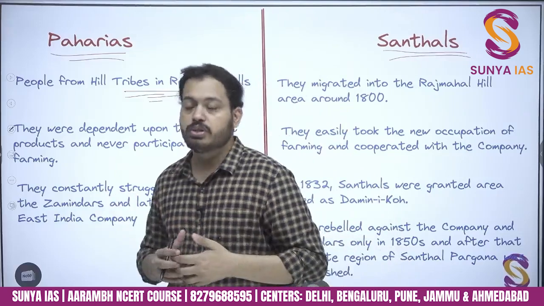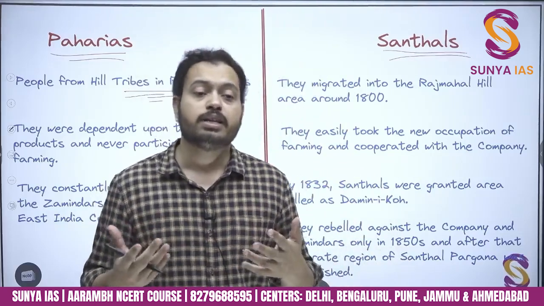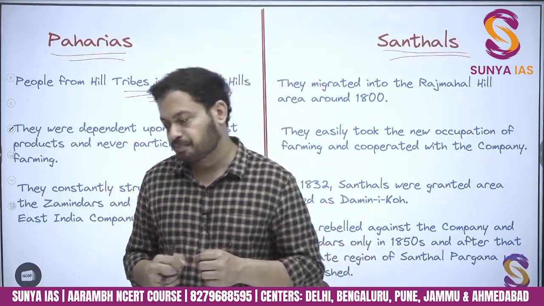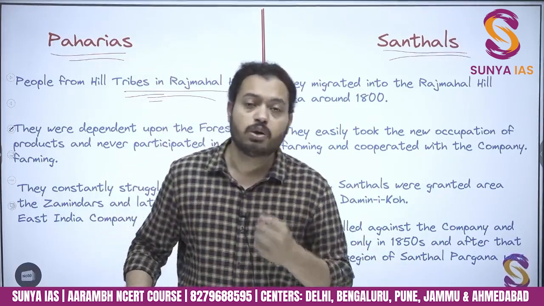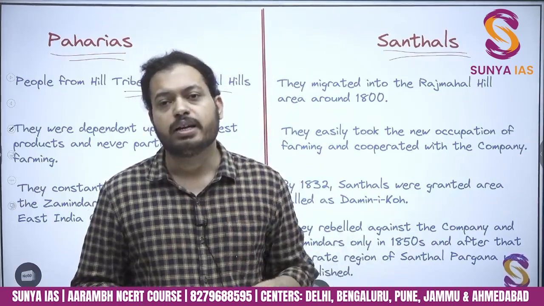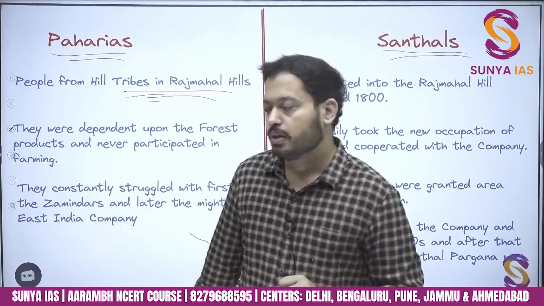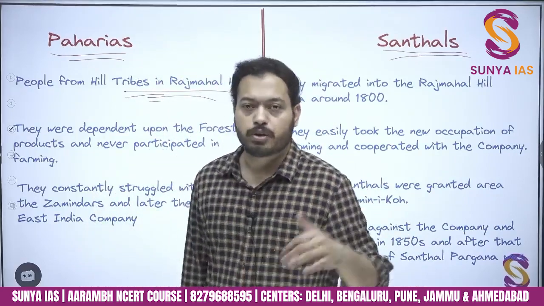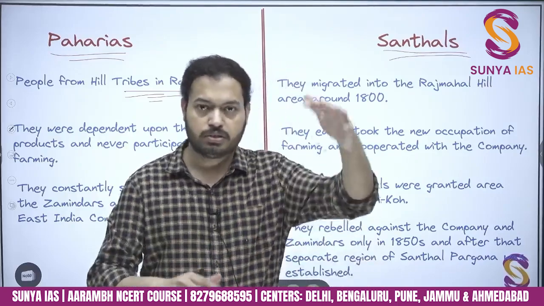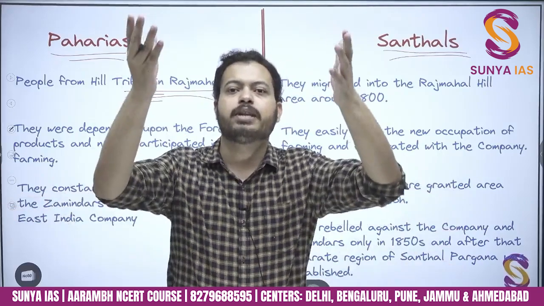Once this system was devised in 1793, you will see that Britishers now started to do what? They started to get more and more area under agriculture. For this purpose, the first thing they did is remove Pahadiya people from Rajmahal Hills, or at least since they were living throughout the mountain, they were forced to go up in the mountain.